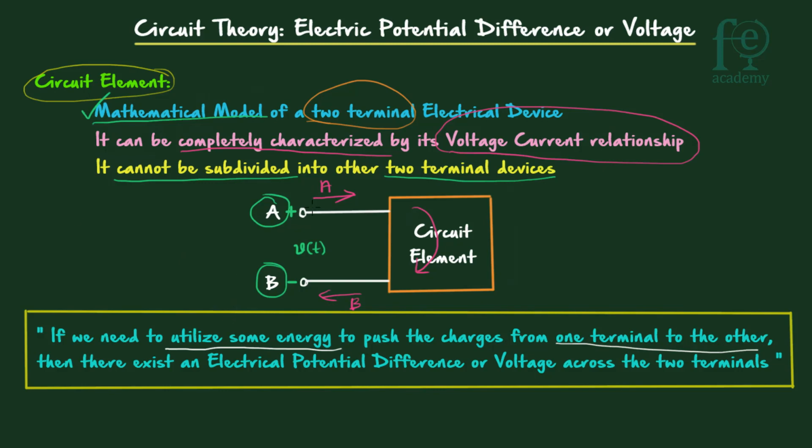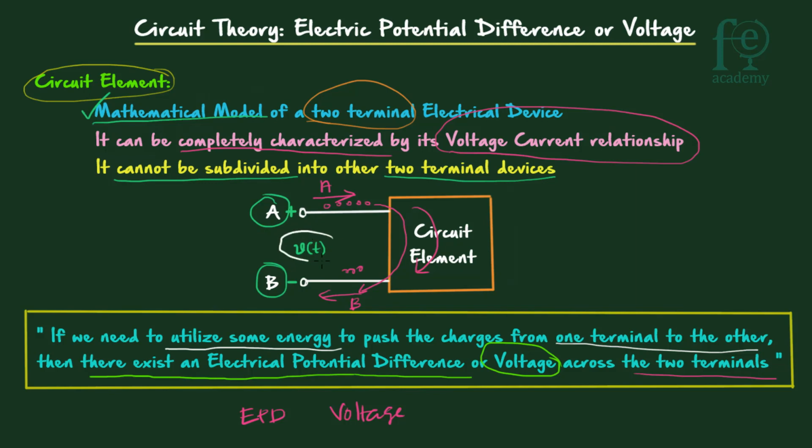When we try to push these charges from terminal A to terminal B through the circuit element, and if we need to use some energy for that, then we say that there exists an electrical potential difference, or voltage, across the two terminals of this circuit element.